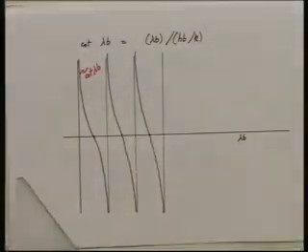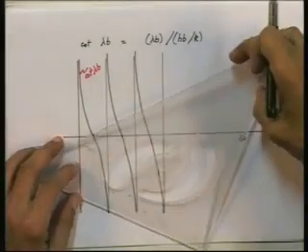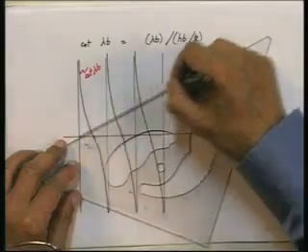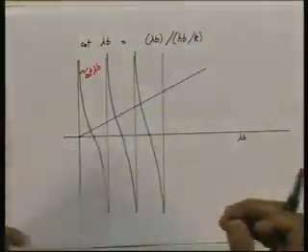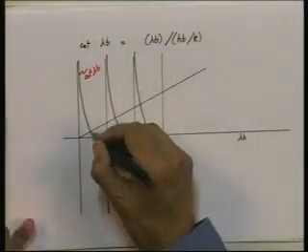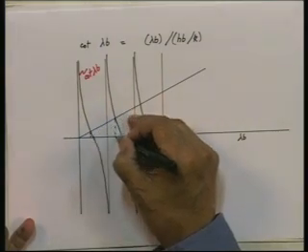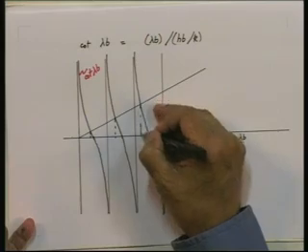H b by k is some constant. So, if I plot that, I will get a straight line with a certain slope like this, and these are the values of lambda 1 b, lambda 2 b, lambda 3 b, etc.